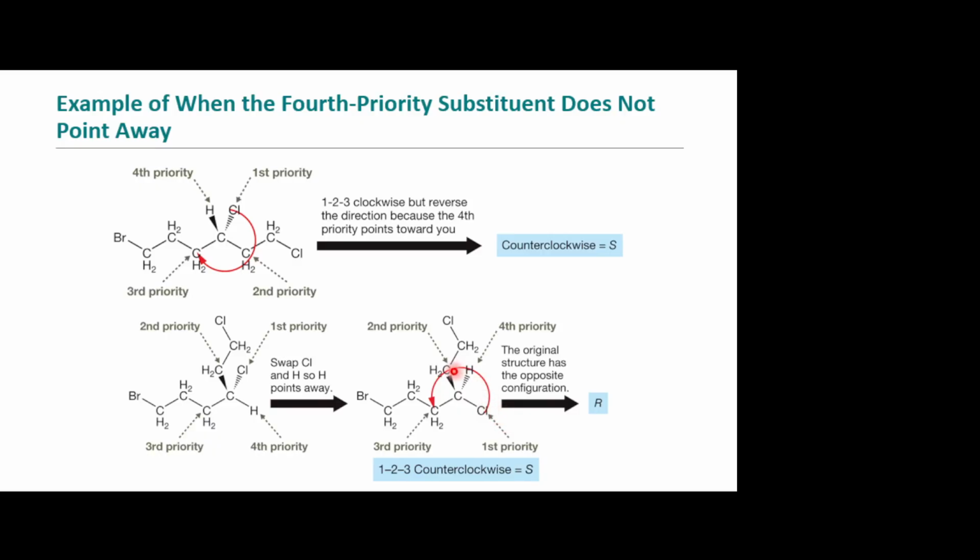Chlorine's the highest, this one's the next highest, and that one's the last. It's this direction, so that would normally be S. But the actual answer now, because we swapped those, is R. Is that making sense? If you remember those rules and you remember how to do the priorities, these are fairly simple.